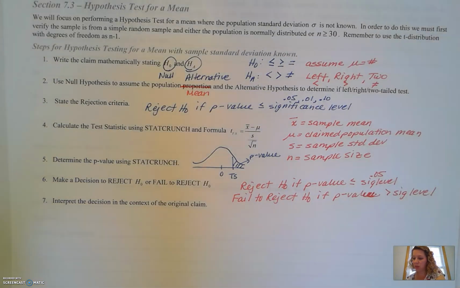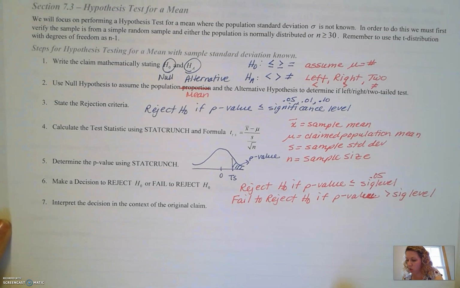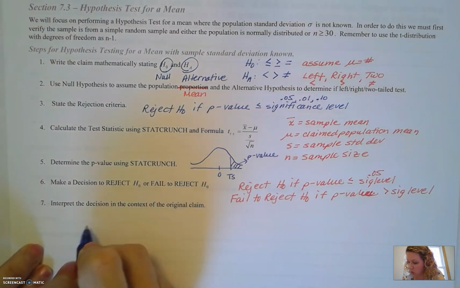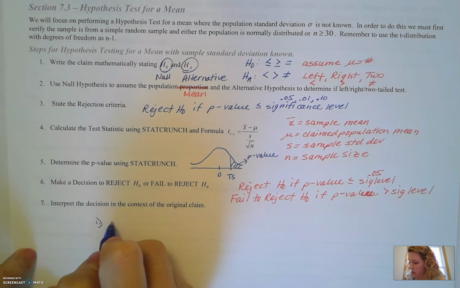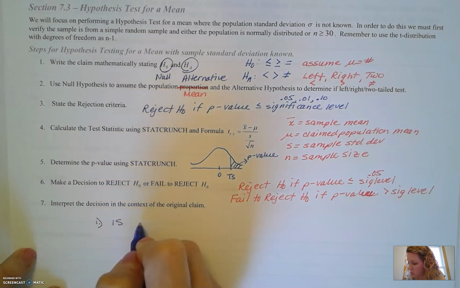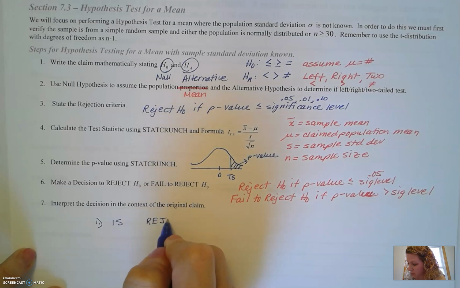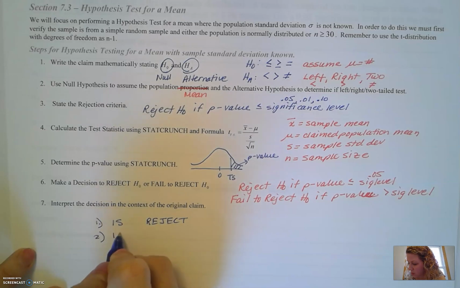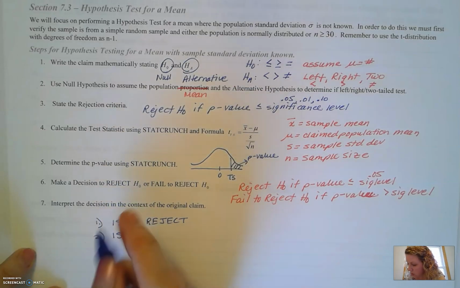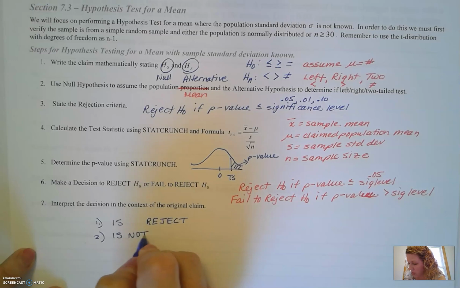And then number 7, we interpret the decision in the context of the original claim. So remember, we have the 4 possibilities. One, there is sufficient evidence to reject, there is not sufficient evidence to reject.